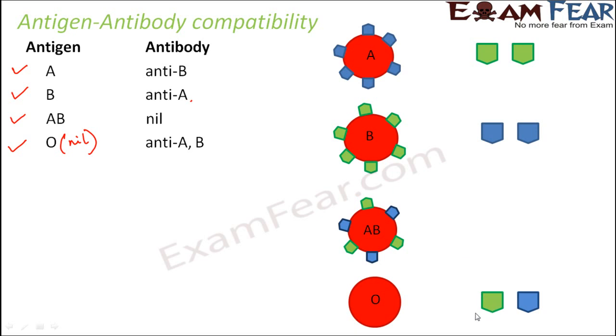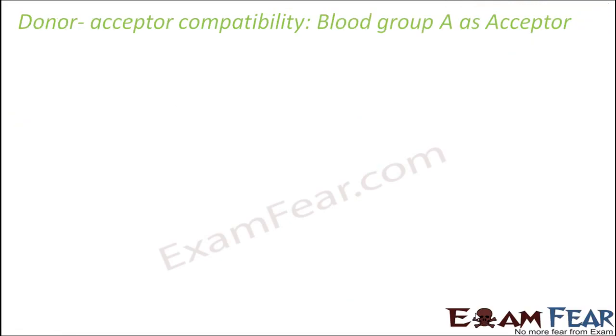So you are clear which antigen is compatible with which antibody. Once you are clear with this, you will be able to understand the donor-acceptor compatibility. So let us try to understand donor-acceptor compatibility for each blood group, starting from A, B, AB and then O.